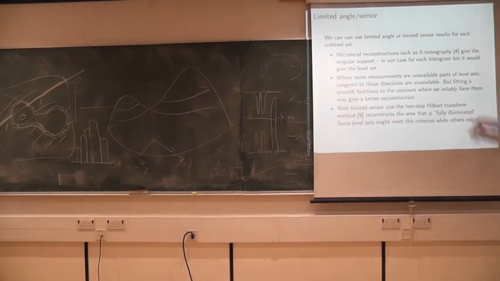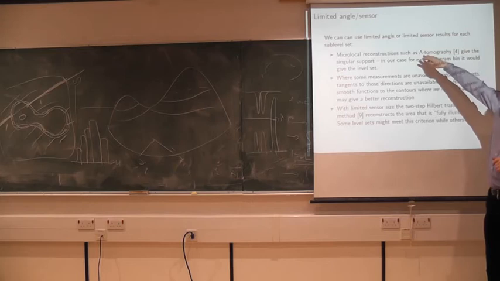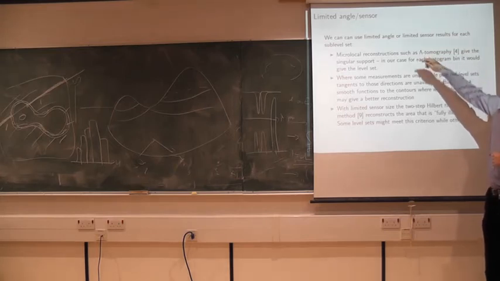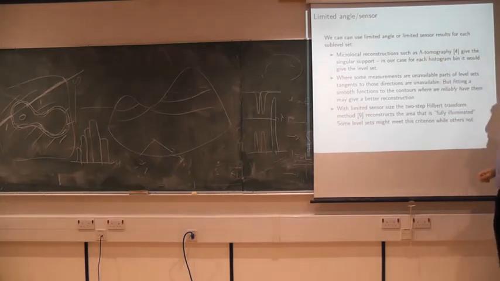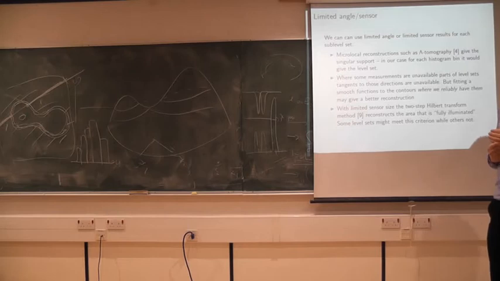So for example, there's a whole class of microlocal methods. If you went to a talk a while ago by Sean, it was an introduction to microlocal things for the Radon transform. The point is that you can quite often get the singular support, in other words, where the jump or spike changes are in the picture, from a relatively crude method, and sometimes you can do that with less data.